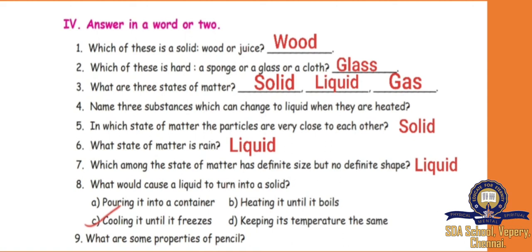Freezing, right? So answer is cooling it until it freezes. See the first option, pouring it into a container. Will it turn into a solid? No. Heating it until it boils, that will become a vapor again. No. Cooling it until it freezes, that is correct, right?